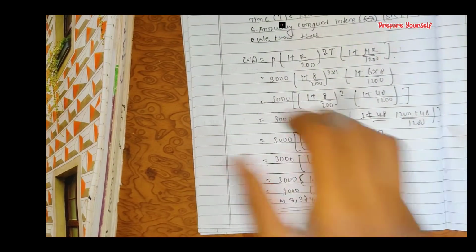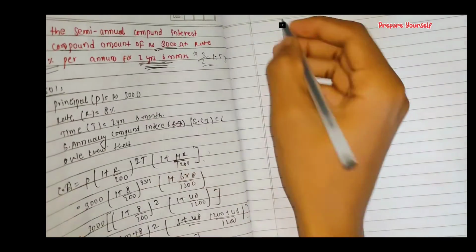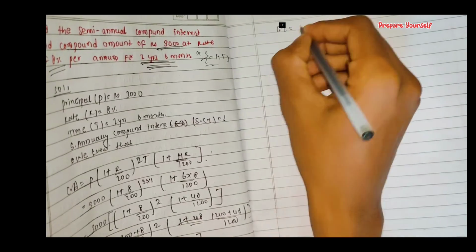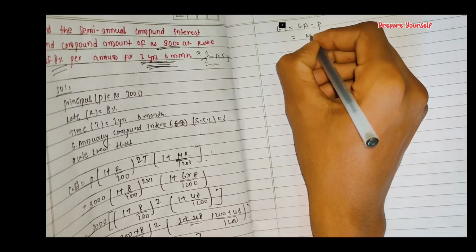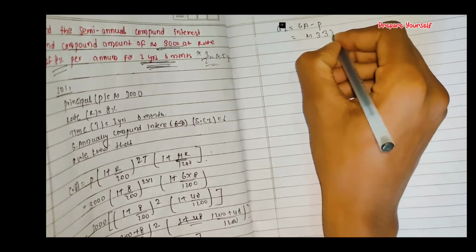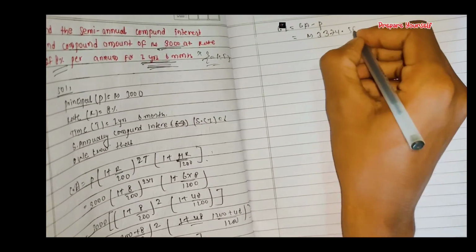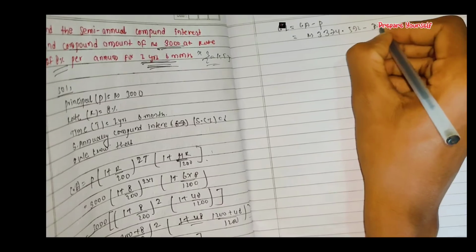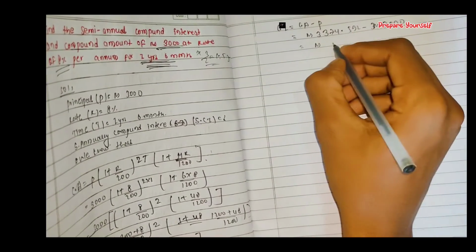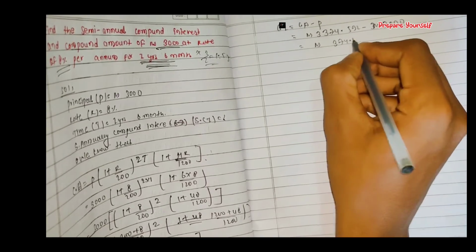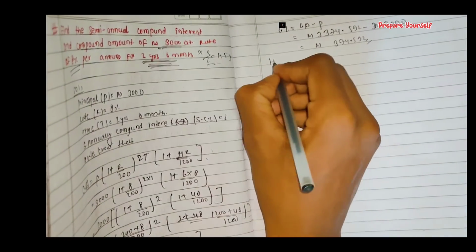Now we simply find the compound interest. Finding compound interest is simple: compound amount minus principal. The compound amount is Rs 3374.592 minus 3000, because the principal is 3000, so we get the compound interest 374.592.